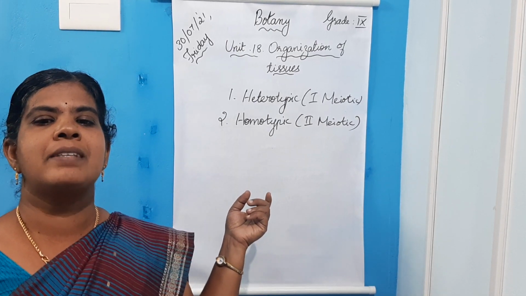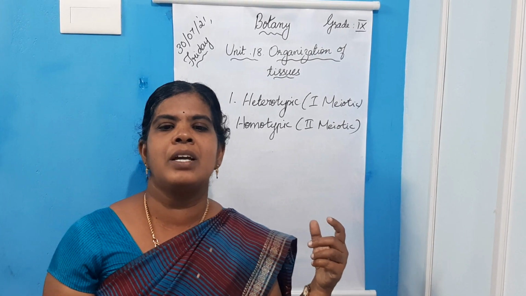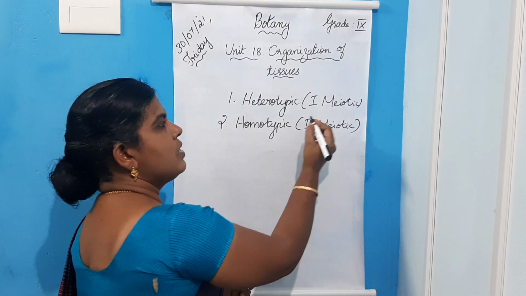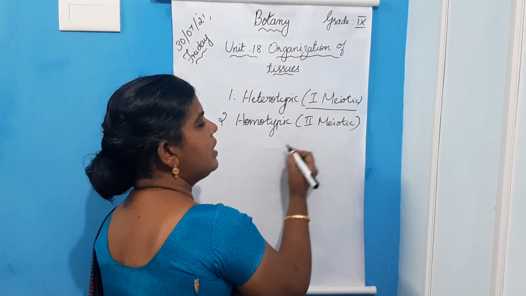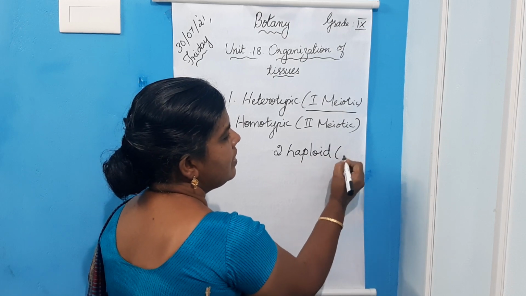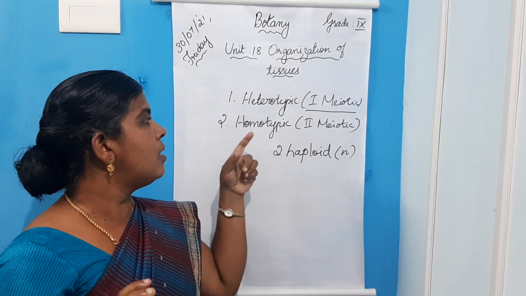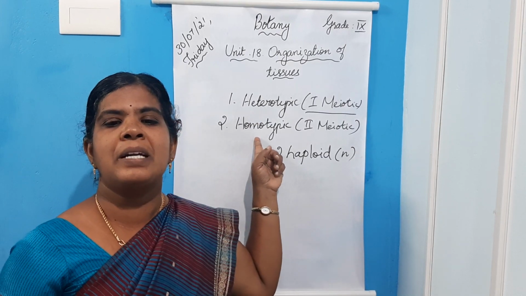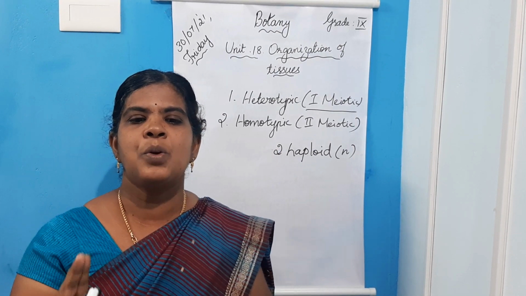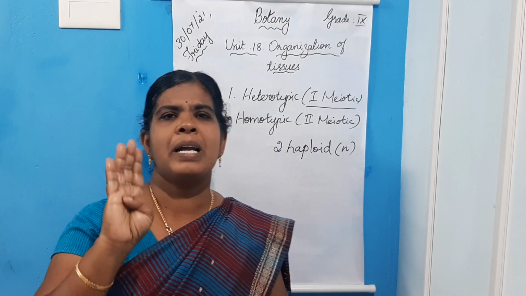In this division, the two haploid cells formed from the first meiotic division, designated as N, divide into four haploid cells.